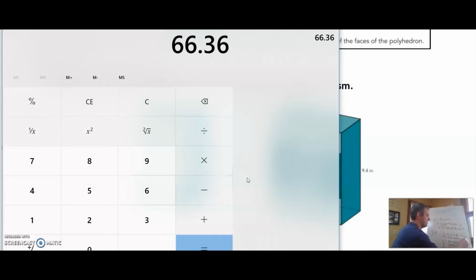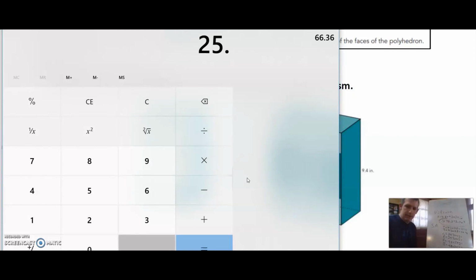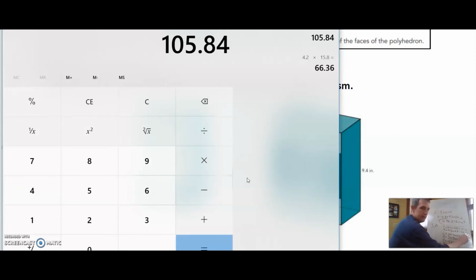And that's times 2, basically, right? Because there's 2 of those. Then let's clear that. We have 25.2 times 4.2. Got 105.84.